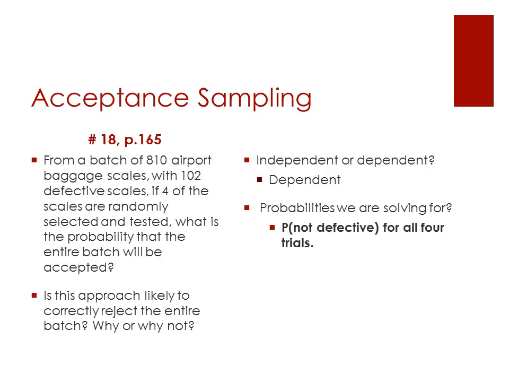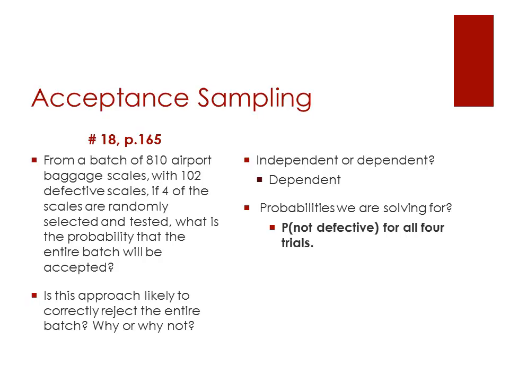So we've established ahead of time that with 102 defective scales in this batch, the batch should be marked as defective. It should not be accepted. So if all 4 of our samples pull a non-defective baggage scale, then we would incorrectly assume that the entire batch is good and send it on its way.